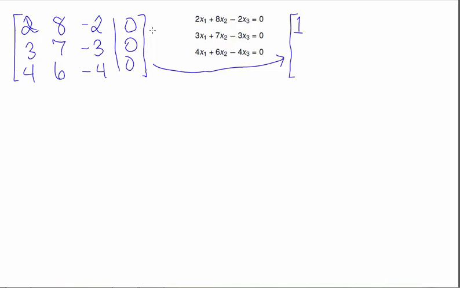We do this by multiplying the first row by 1/2. So that's a 1, 4, minus 1, 0. The second and third rows will be left alone for now.